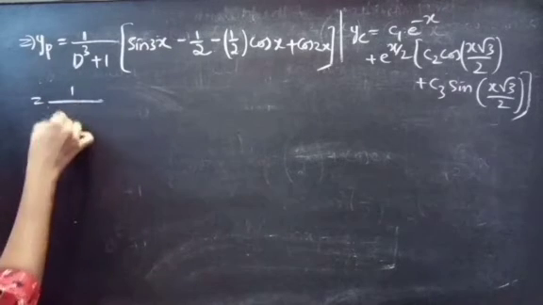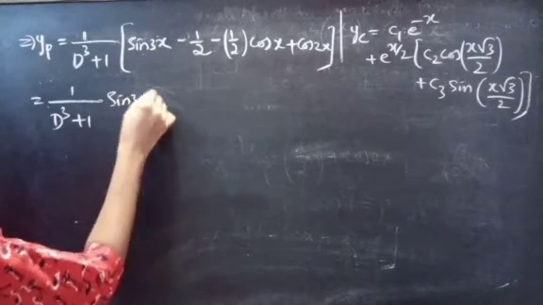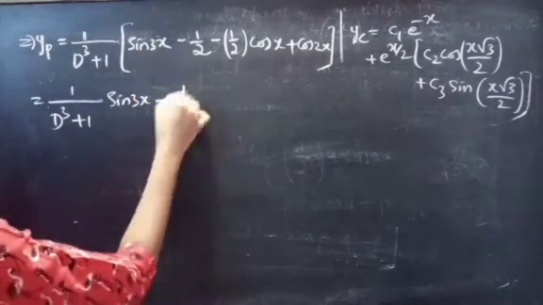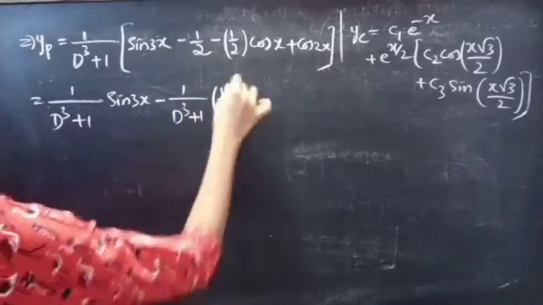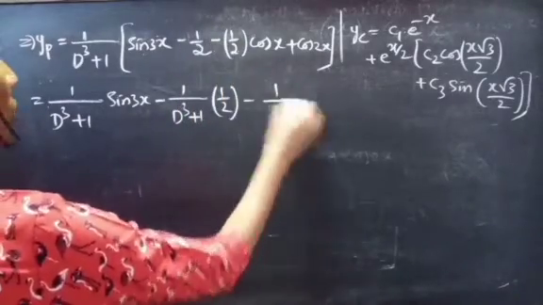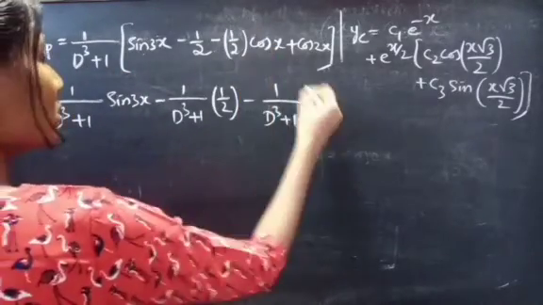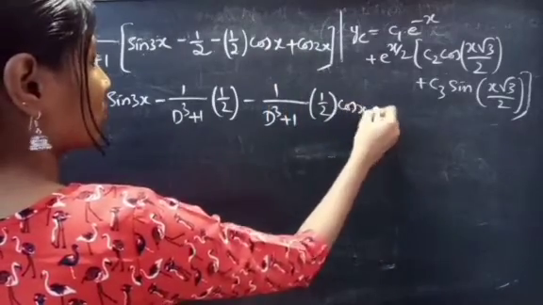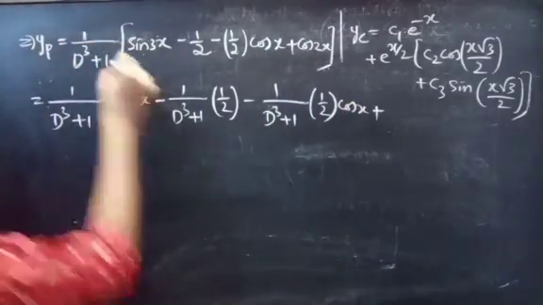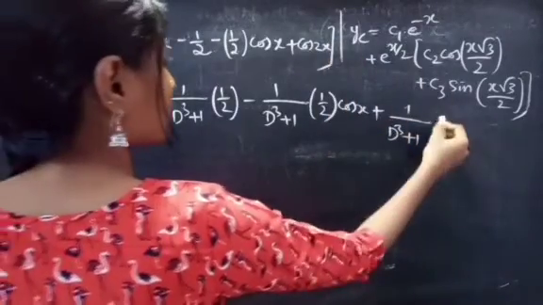Now this becomes 1 by f of D into sin 3x minus 1 by f of D into a constant minus 1 by f of D into constant into cos x plus 1 by f of D into cos 2x.